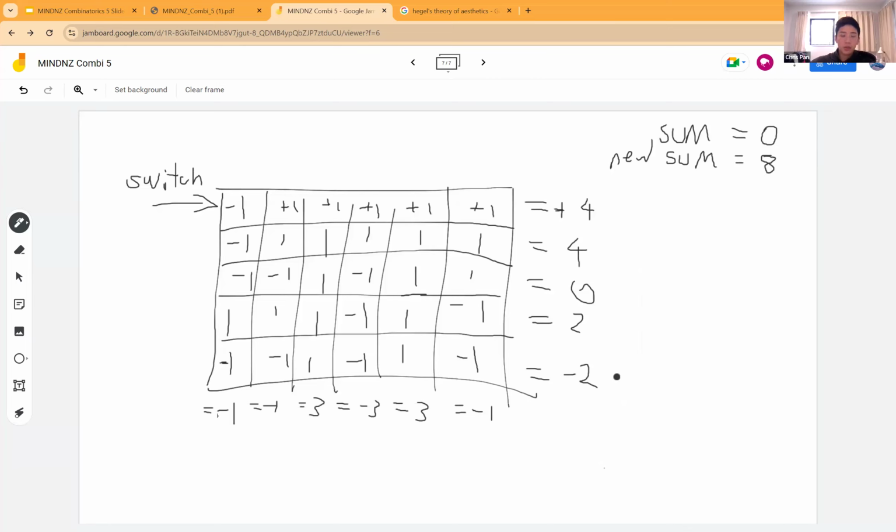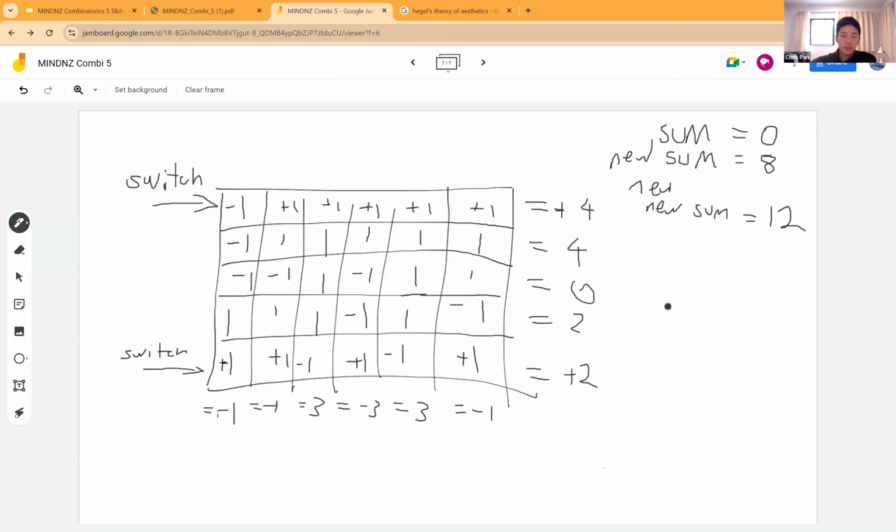Now what I can do is select this negative one, and I'll do a switch on this row, and now this is positive. My new sum is 12.